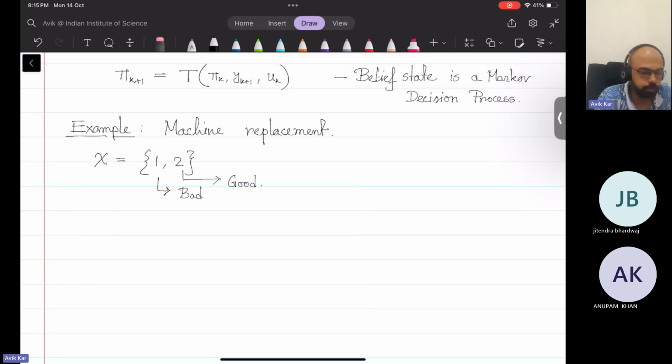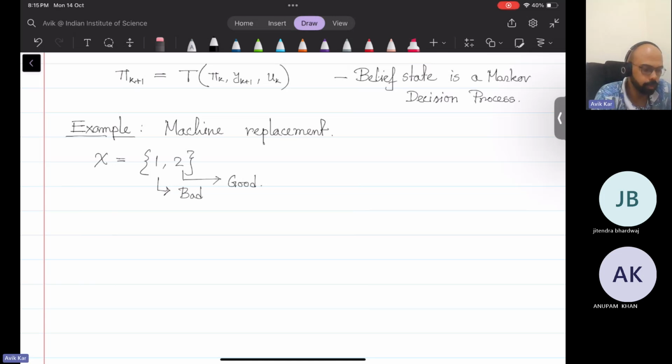The idea is that as you use the machine, a good machine also goes to bad, and if you repair a machine, it transforms the state from bad to good. Okay, this is machine replacement.